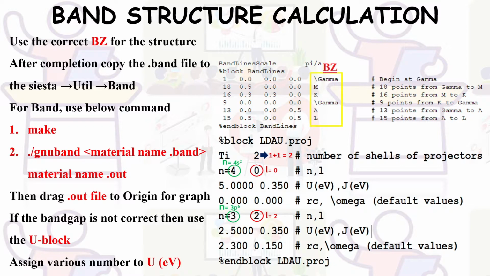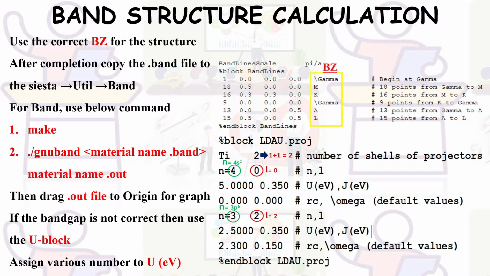So you need to put this in order to consider the transition metal orbitals so that we can find the correct band gap of the required structure.